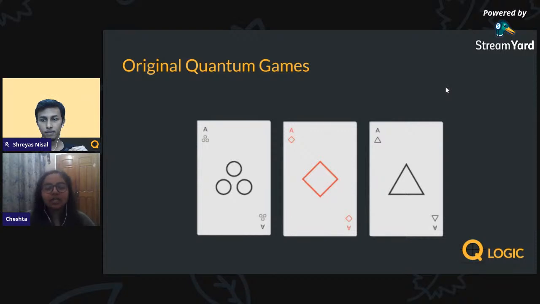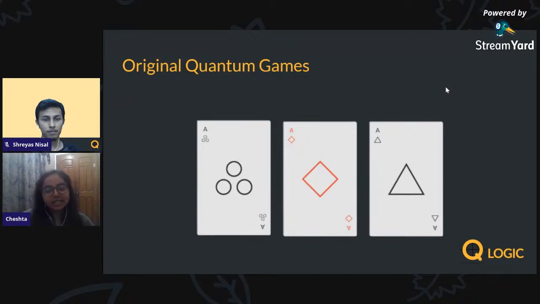Now, if you measure it in different bases, the probability of getting a 0 or a 1 for result, or an upspin or a downspin for result, would be different. And if you're given one of these cards randomly, then you can make a guessing game around it. So what you can do is measure the state you got once and try to guess which one you have.